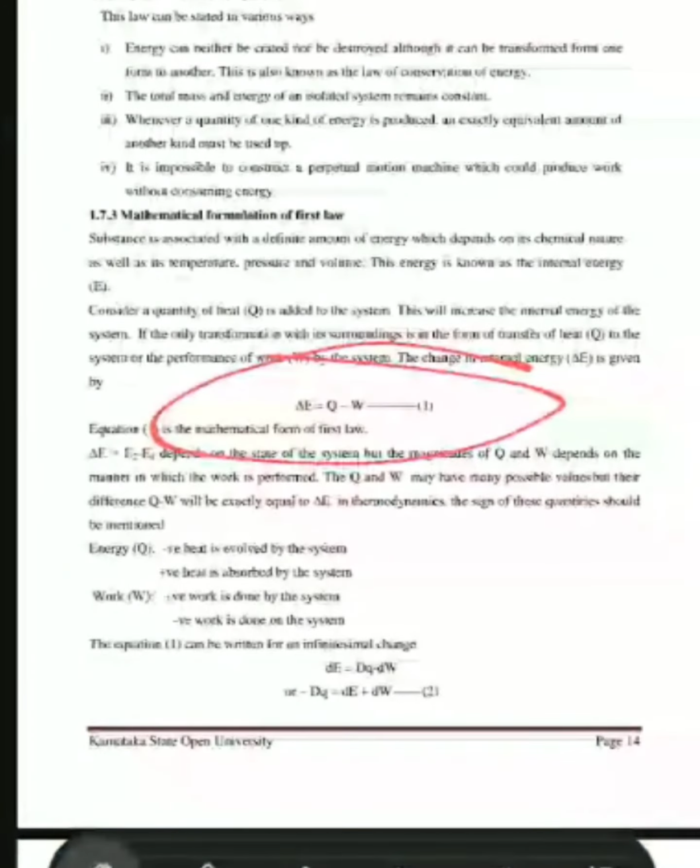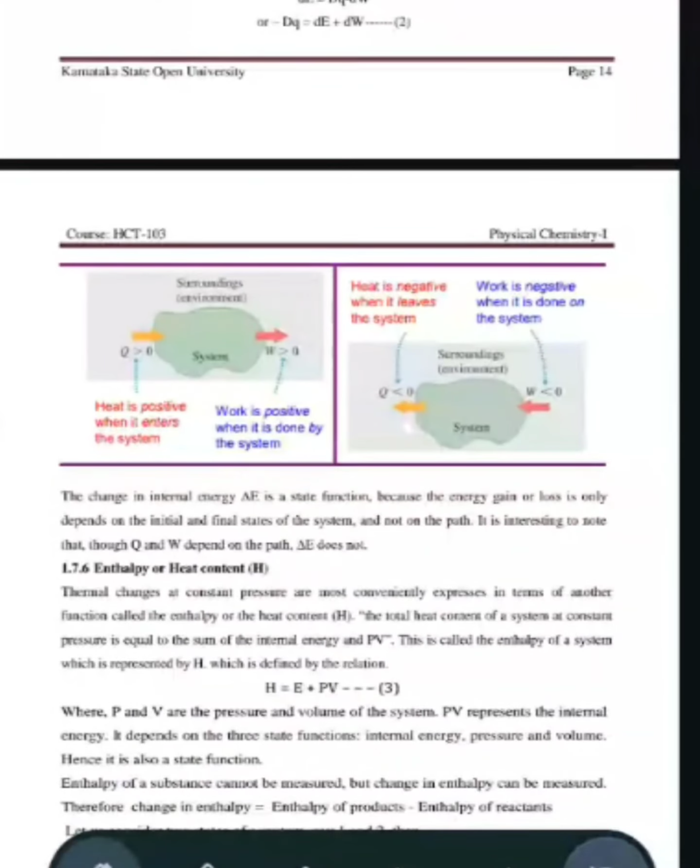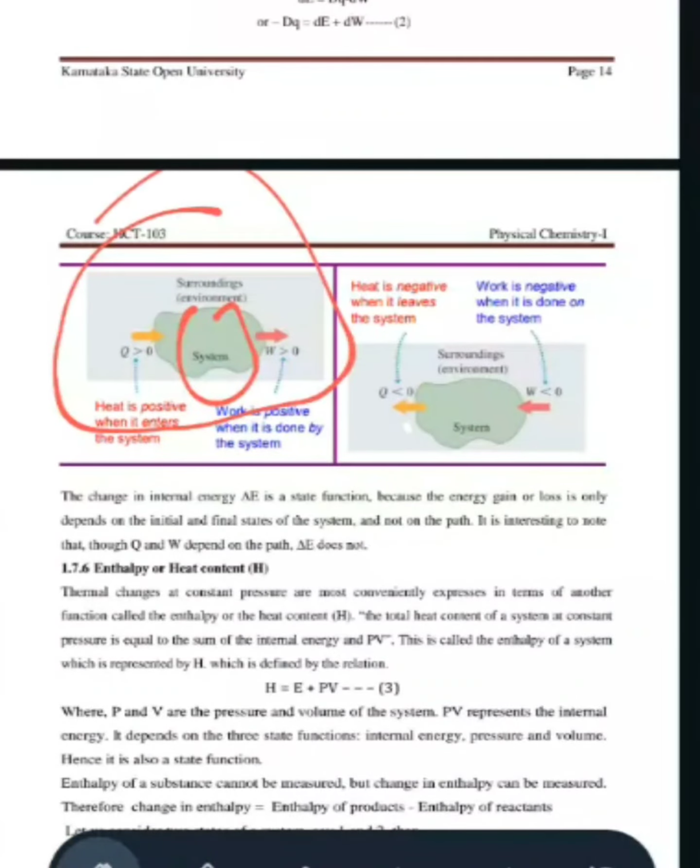So here, negative heat is evolved by the system, and positive heat is absorbed by the system, that is with respect to energy. With respect to work, positive work is done by the system and negative work is done on the system. So if we come to the graphic diagram, here is the system with respect to the surrounding environment.